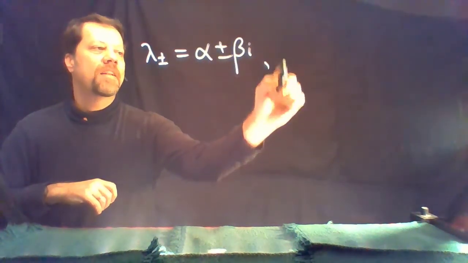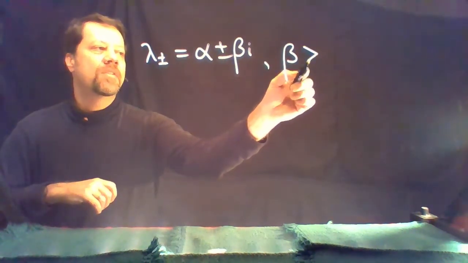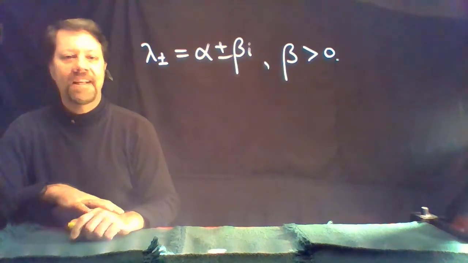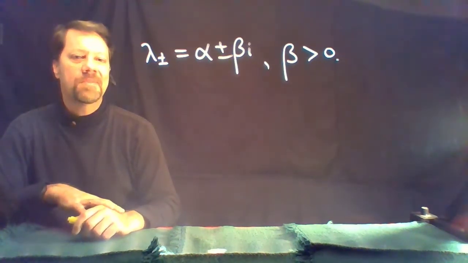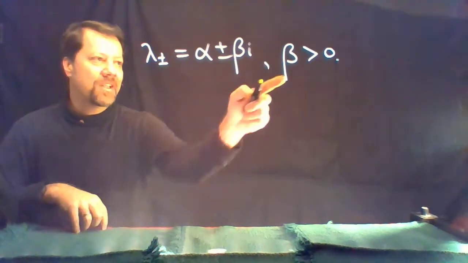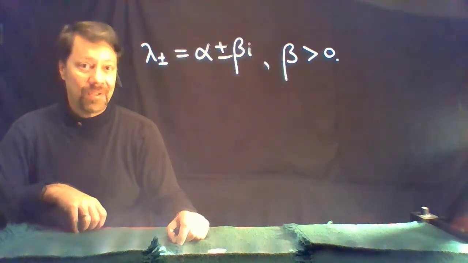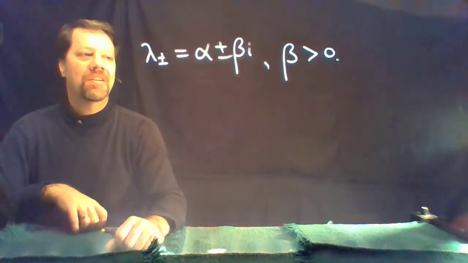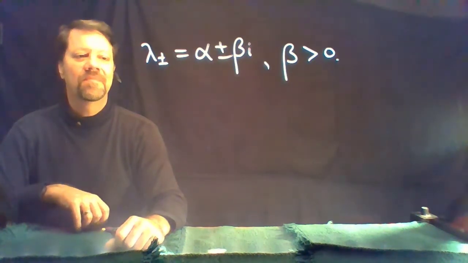We'll assume that beta is positive. We're already covering the negative case by putting a minus sign in there at times. And also, in particular, beta is not 0. We're assuming that we actually have a complex number here and not a number that's purely real.